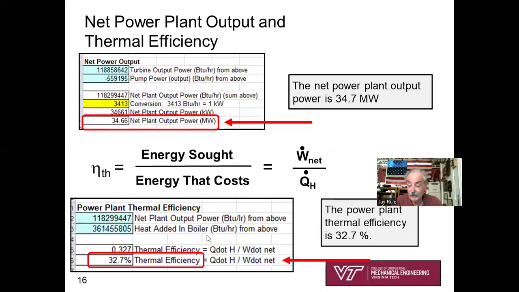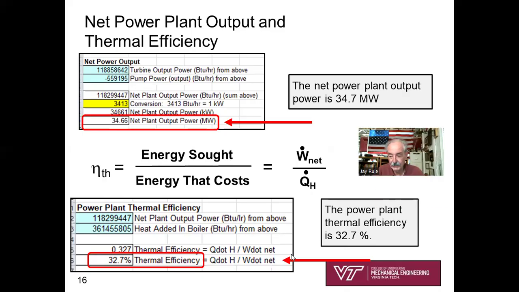So now we've got all those numbers. The thermal efficiency is W dot net divided by Q dot H, with our units all straightened out. And so our thermal efficiency is 32.7 percent, a respectable Rankine cycle thermal efficiency. Power plant thermal efficiency is 32.7.